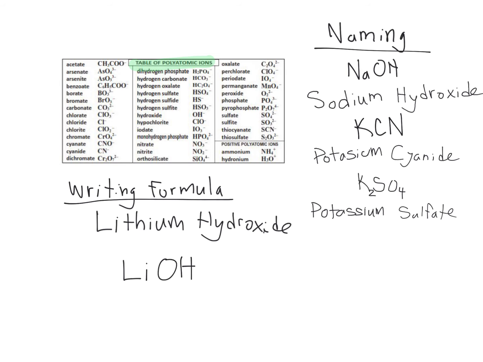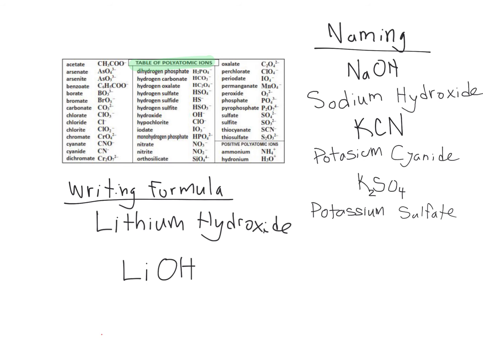Now that we have the symbols down, we are going to have to figure out the charges. So lithium is in that first column of the periodic table, making it a +1. And hydroxide, if I check my table up here, is -1. So that's going to have a -1. So 1 and 1 cancel out, leaving lithium hydroxide to be our final answer.